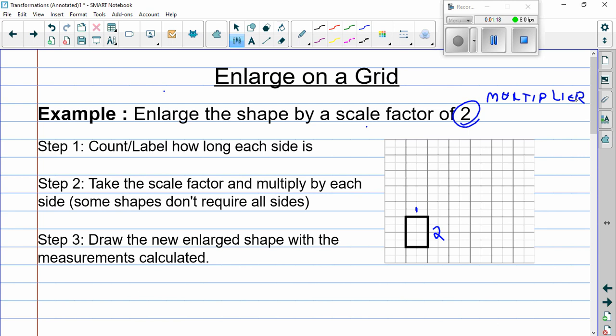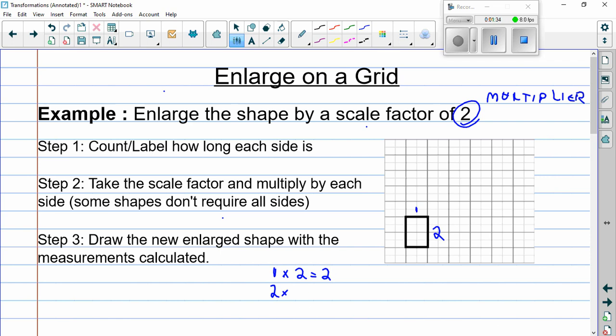So we're going to take each of those measurements and multiply. Here, I'm just going to do this down here because I got lots of room. 1 times 2 is obviously 2, and 2 times 2 is 4.